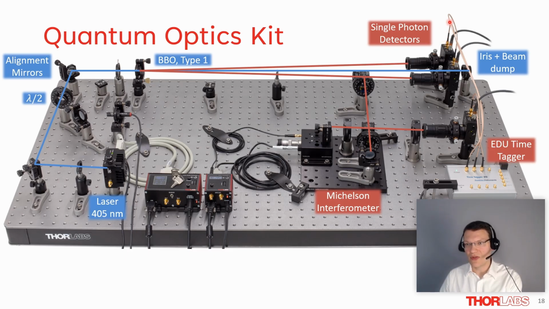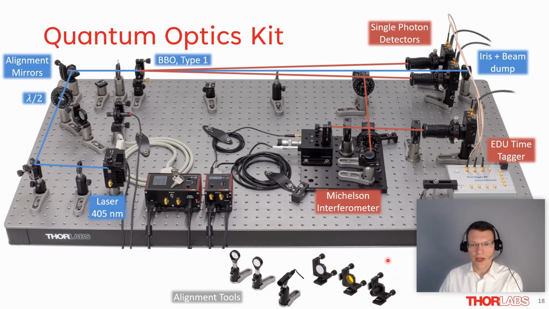All of the signals coming from the single photon detectors go into this box, which is essentially a very precise clock, and that does all the correlation of all the signals. The kit also comes with a number of alignment tools, because it's very important to us that students can set this up themselves. There are a lot of cool tricks that we implemented to make sure that such a complex system can actually be aligned well.